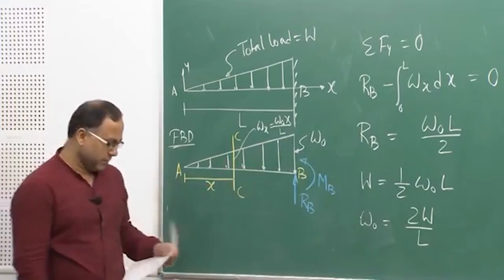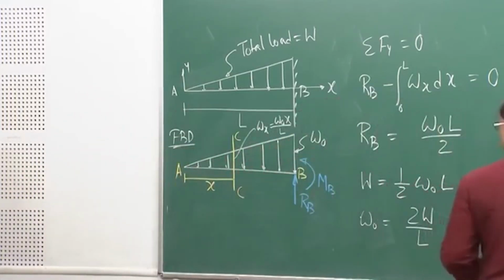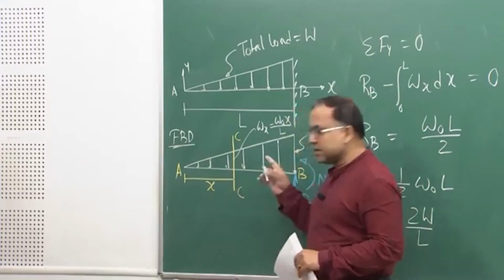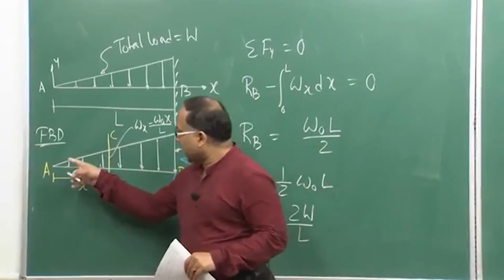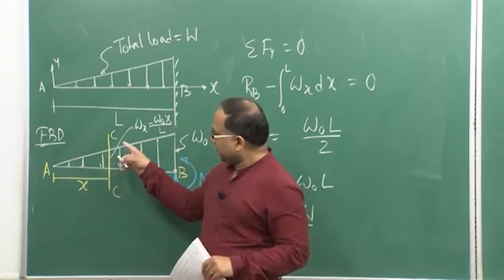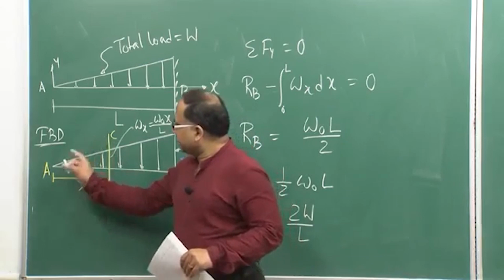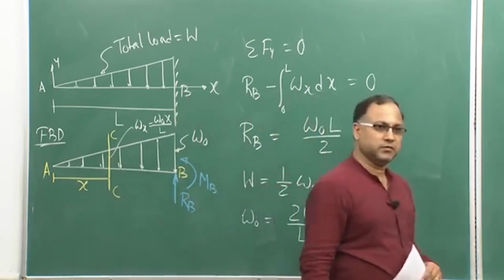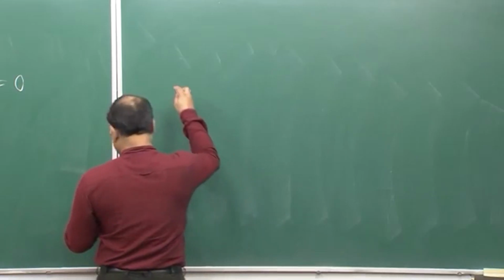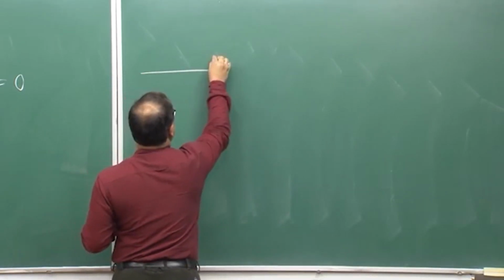This is the load intensity at the extreme point, that means at the fixed support. Now, as per our previous convention, we will consider the free body diagram of the beam which is to the left of this section CC. If we consider that left part of the beam and draw the free body diagram, it will look like this.